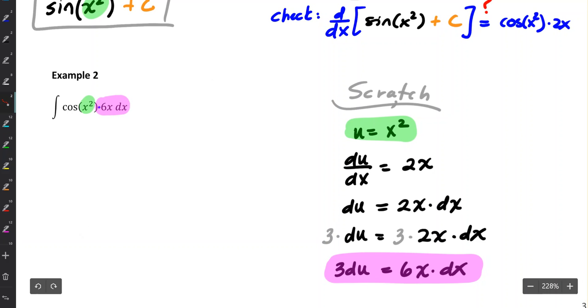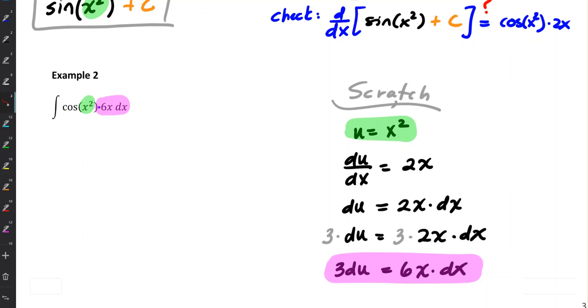If you're watching other videos or reading other texts, sometimes people like to make their choice of u and du and go ahead and substitute in and hope that all the x's cancel and simplify. That's a perfectly fine technique.